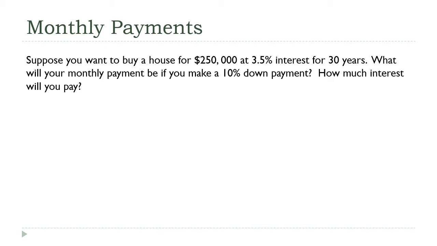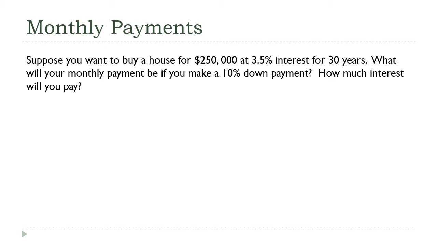Okay, well, the idea behind a down payment, this is very common with home loans, with mortgages. The bank is going to expect you to have some of the money up front. It's a little unusual for them to be willing to loan you the entire amount. All right, so let's see.